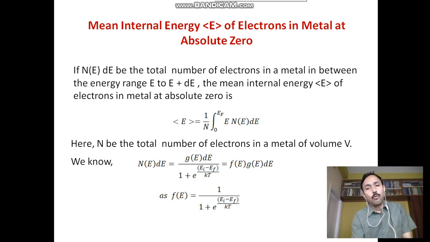So this 1 by 1 plus e to the power (E minus EF) by kT, we represent as F(E). So F(E) times g(E)dE. F(E) means the Fermi distribution, which is 1 by 1 plus e to the power (E minus EF) by kT.